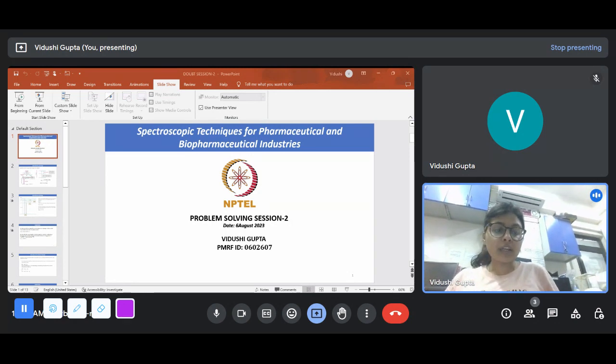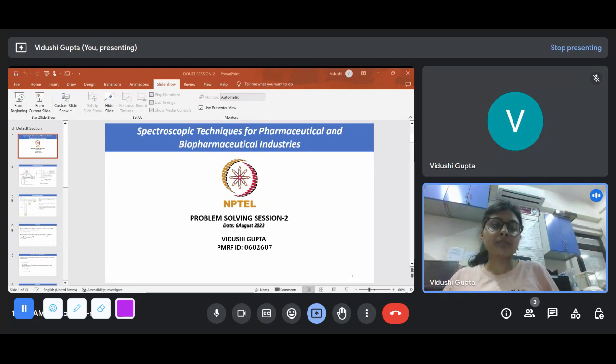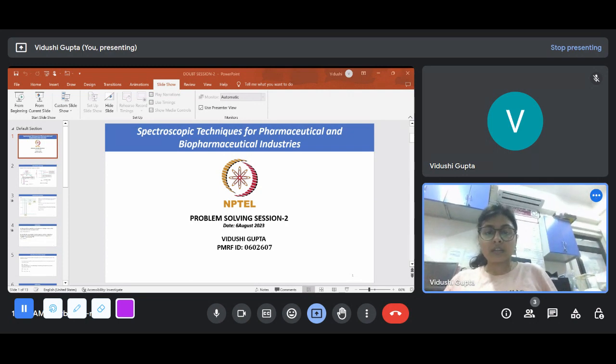If we substitute n square equal to 1, then the energy will be equal to minus 13.6 electron volt, and this corresponds to the ground state level. If n is 2, then it will be minus 3.4, then minus 1.5, then minus 0.9 and so on. So the energy is quantized, that is, only certain energies are allowed.